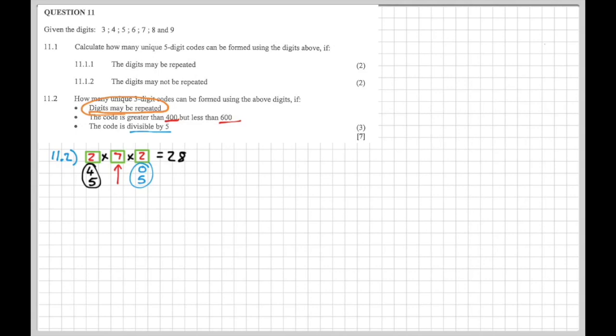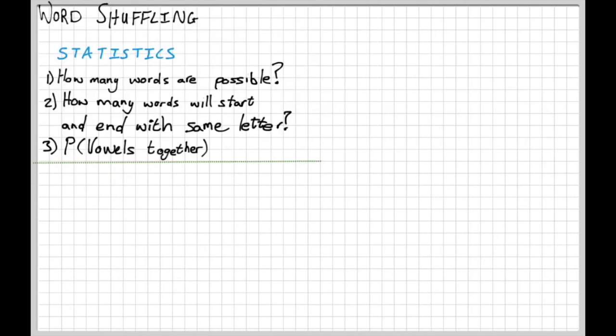I'm going to move up on to a next little example, which I can definitely expect in this exam. Now, the next example is all about word shuffling. I love these questions. So here is a beautiful question about word shuffling. Say I give you the word statistics.